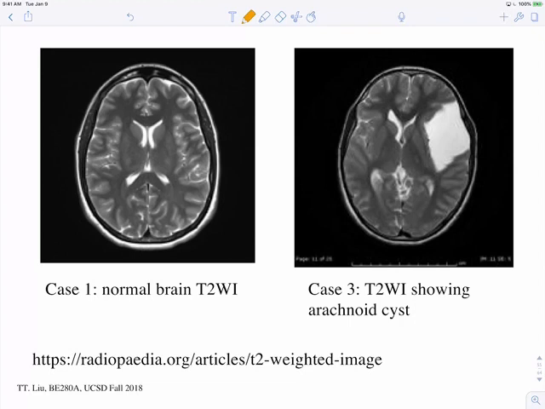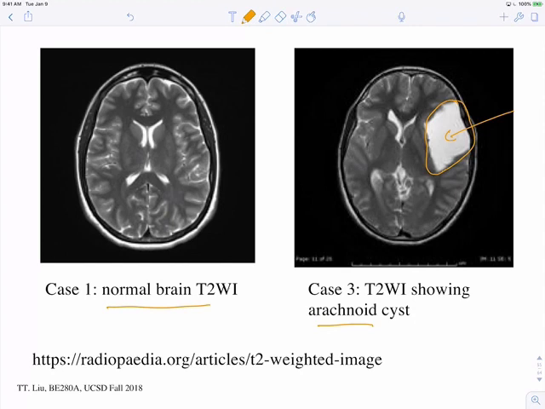So this is a normal T2 weighted image of a brain. This person has a big cyst here. Is the T2 in this area short or long?